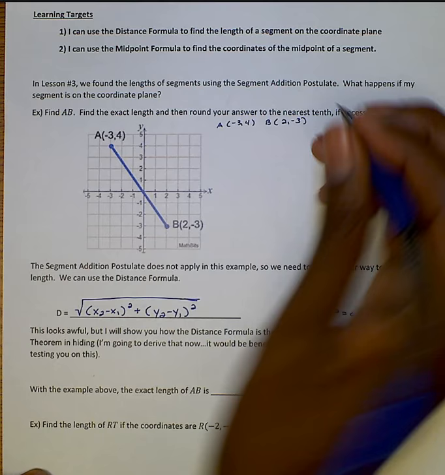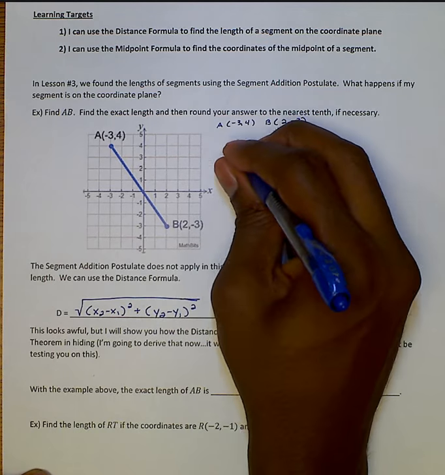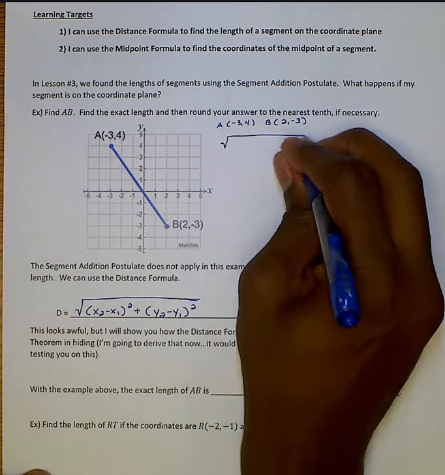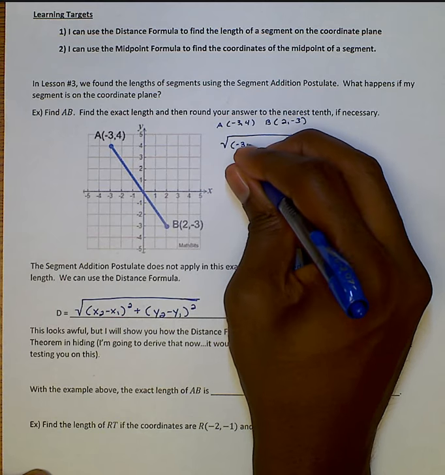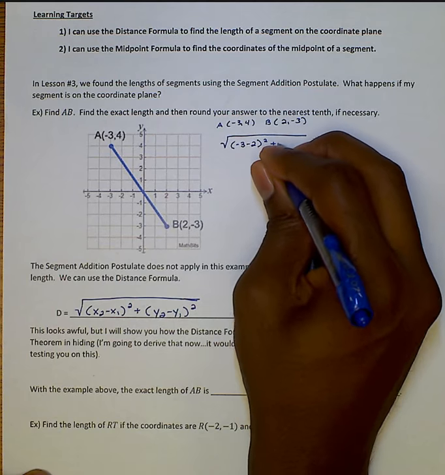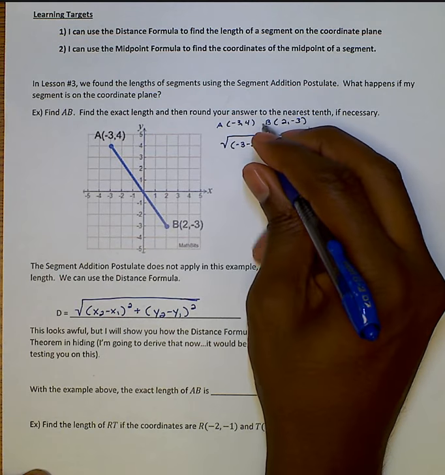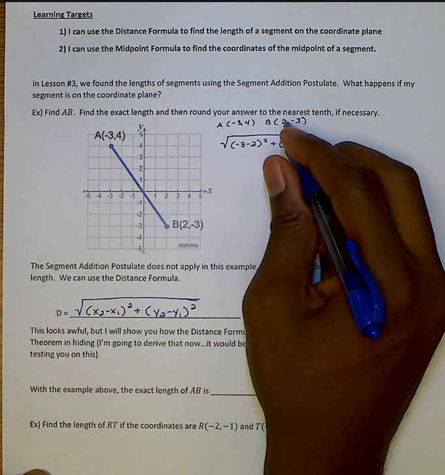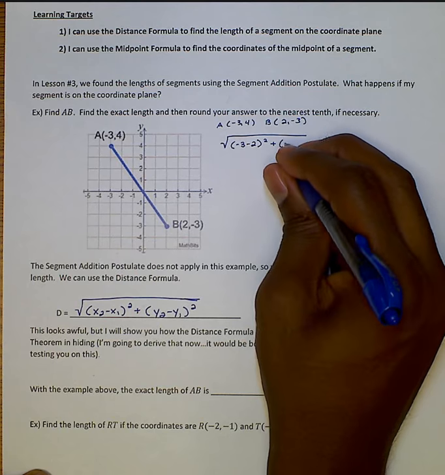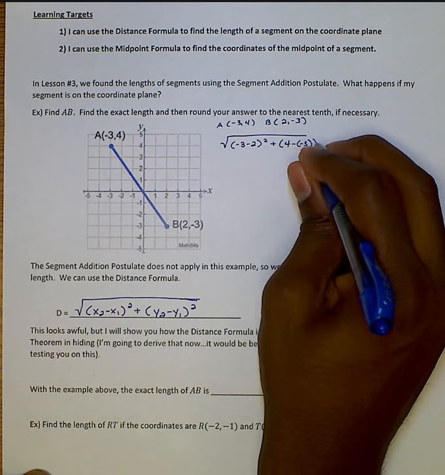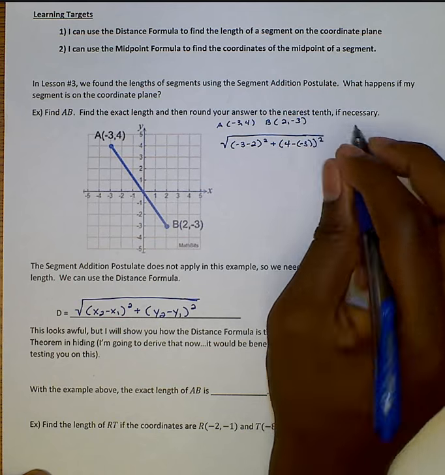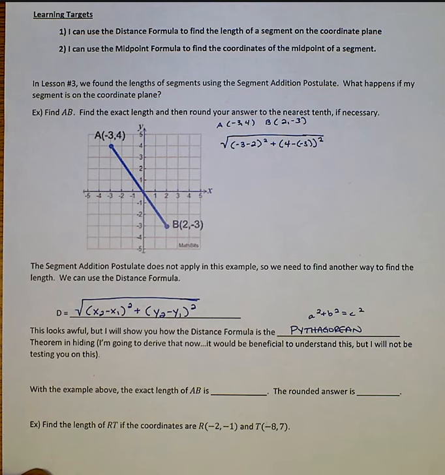If we plug these into the distance formula, what we get is the x coordinate, -3 minus 2 squared, plus y2, oops, I did that backwards, but I'll make sure I keep the same thing, 4 minus -3 squared. Okay, so I actually called A point 2 and B point 1. Doesn't really matter which way I put it.